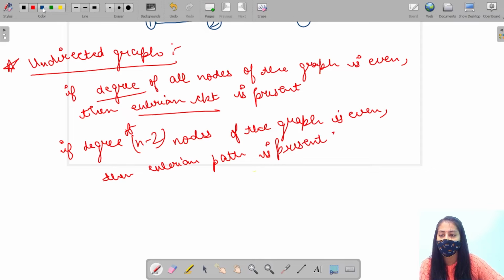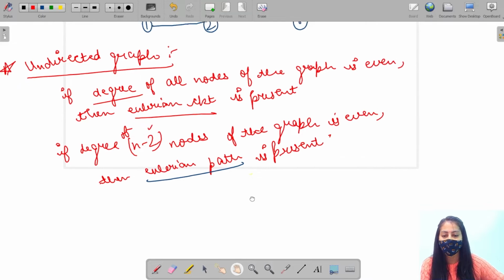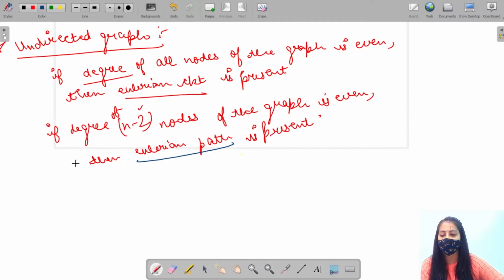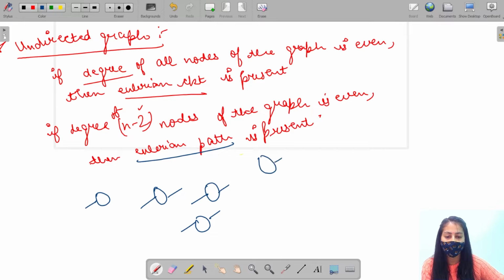Now how? The condition is that the degree, that is, the number of edges connected to n minus 2 nodes of the graph, must be even. Now this means that two nodes must have odd degree. All other nodes have even degree, but two nodes have odd degree.